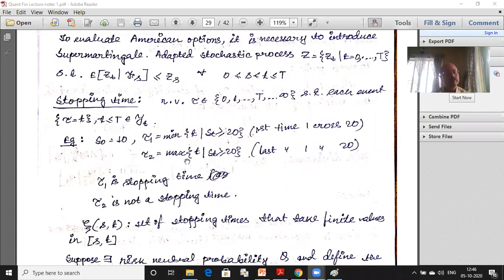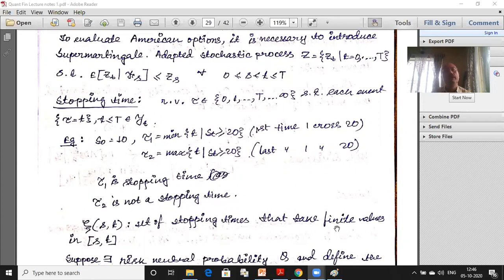So this is a basic criterion for a stopping time or a stopping time distribution: it must be computable with information up to time t. So why do I need it? For American options, I need the early exercise choices.